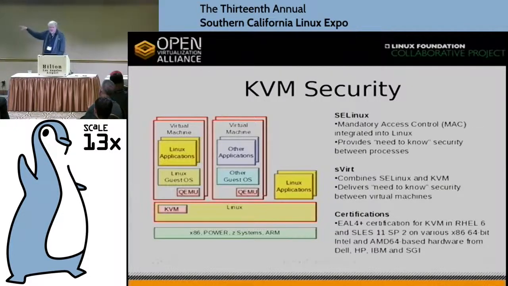Okay? Mandatory access control is what's used in the very high security systems. So this is the need-to-know security. And because KVM is built on top of Linux, it's able to then exploit the SE Linux capability inside Linux and the combination is called SVirt, and this then provides the need-to-know security between the virtual machines.